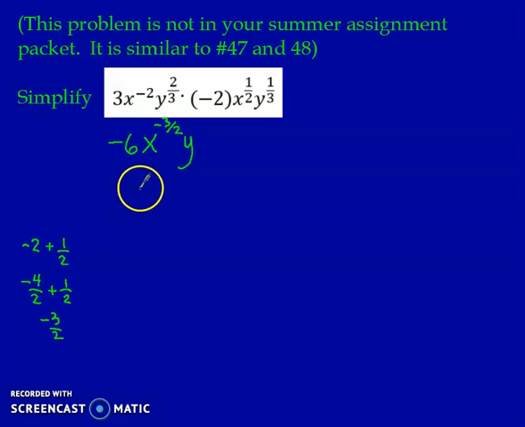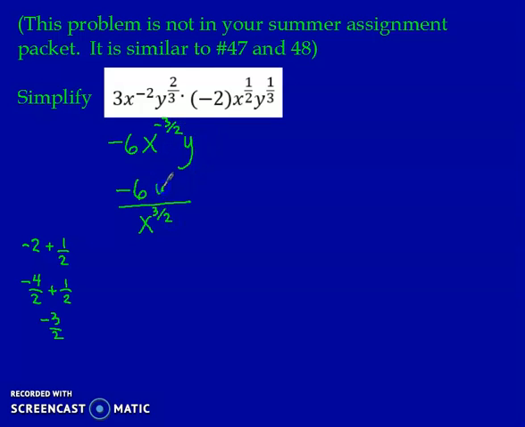Okay? Now, when we are simplifying these kinds of expressions, we don't want any negative exponents. So let's handle that. If I have a negative exponent in the top, I can move that to a denominator position and make the exponent positive.